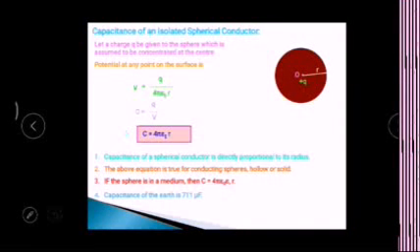Capacitance depends upon the shape and size of the conductor, and this can be proved by taking the example of a spherical conductor.